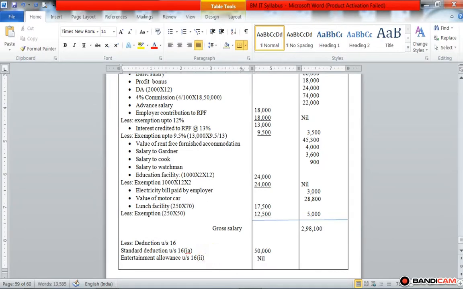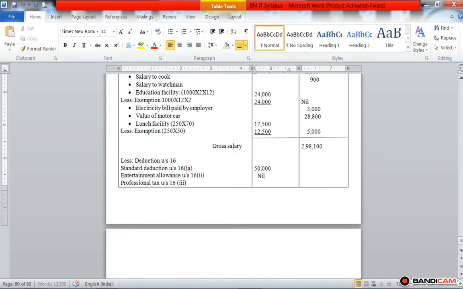Then the next one is professional tax under section 16 subsection 3. Professional tax amounted to rupees 3,000. So the total deduction is 53,000.